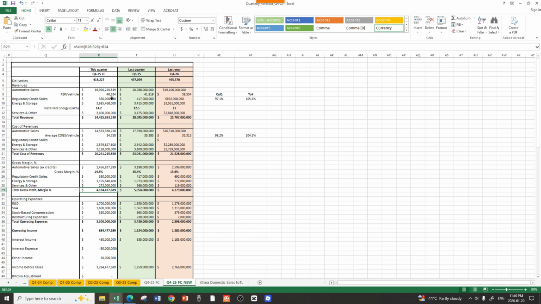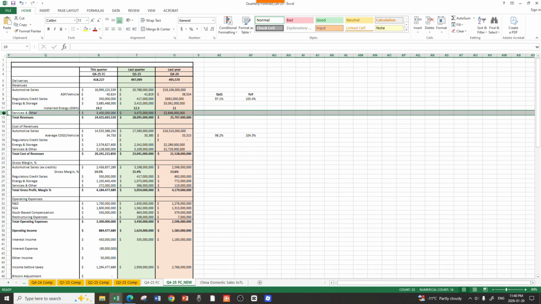We'll adjust. The next bucket I want to cover is services and other. It's not that big, but not that small anymore. It's always been Tesla's smallest bucket with their lowest margin, and this number tends to scale with deliveries quite nicely.